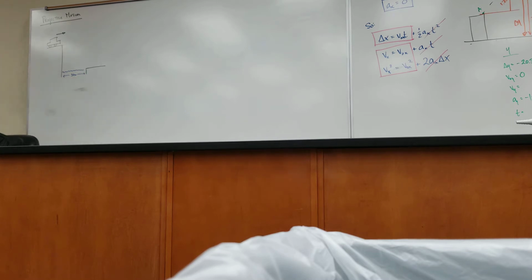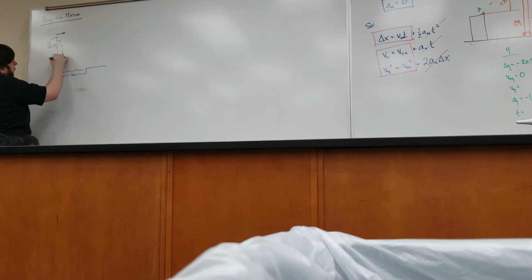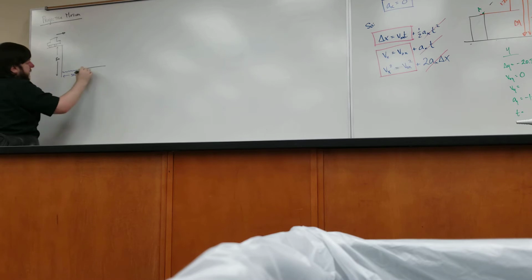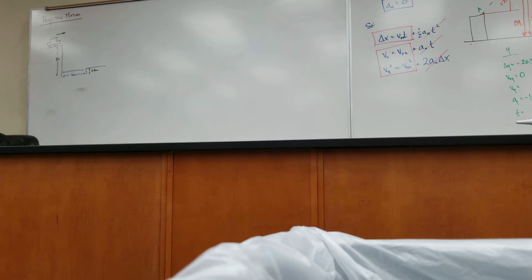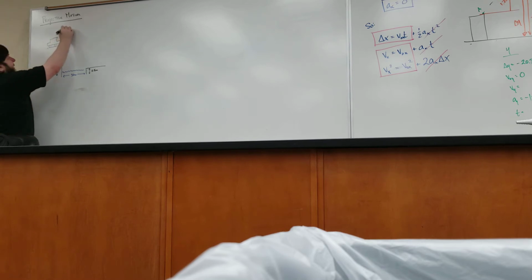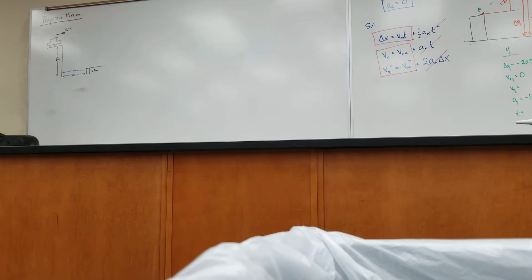It's jumping from an initial height of 5 meters, and it's landing on a platform that's half a meter tall. My question is, what is the minimum safe speed required to clear the gap? What is the minimum speed that the driver needs to be going to clear the gap?